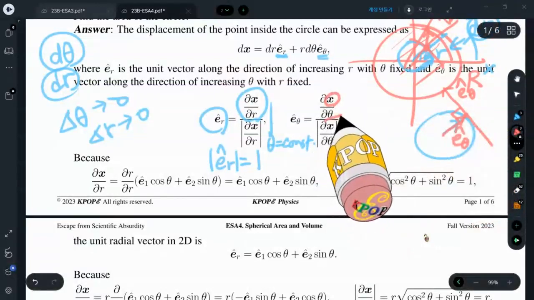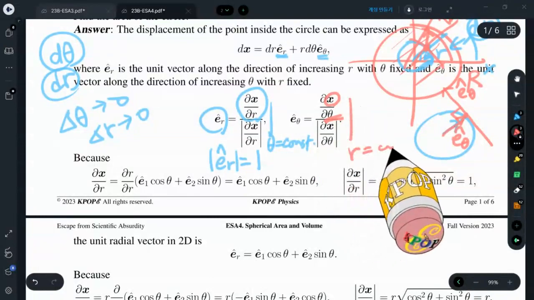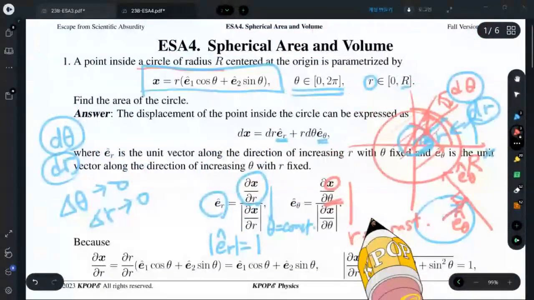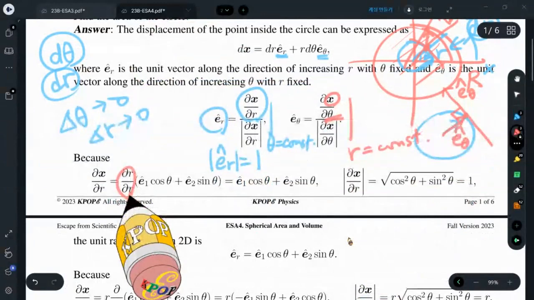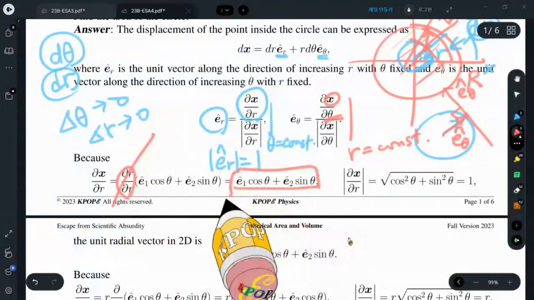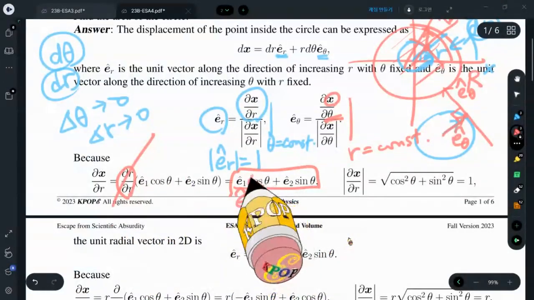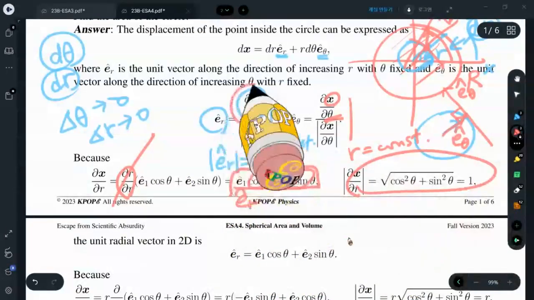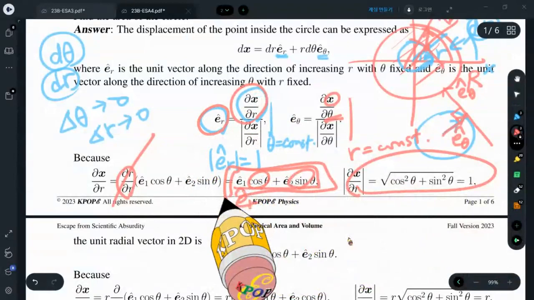Vary x with respect to theta only and keep the radius constant. So, because I know what x is, we take the partial derivative with respect to r. This is trivial, and we are left with the unit radial vector because the square sum, its magnitude, is 1. So this is identical to this, and what's that? That is that.